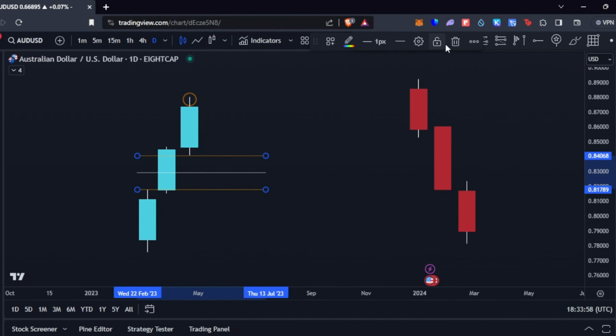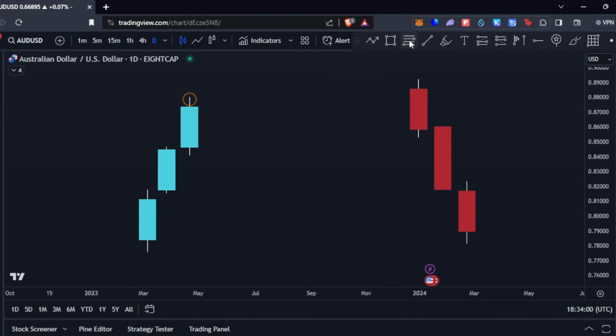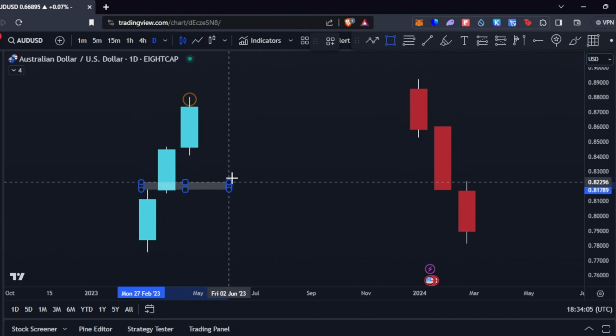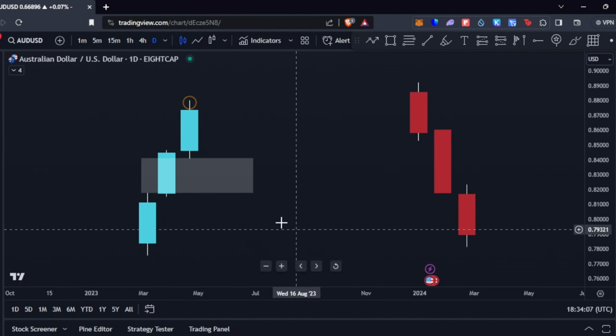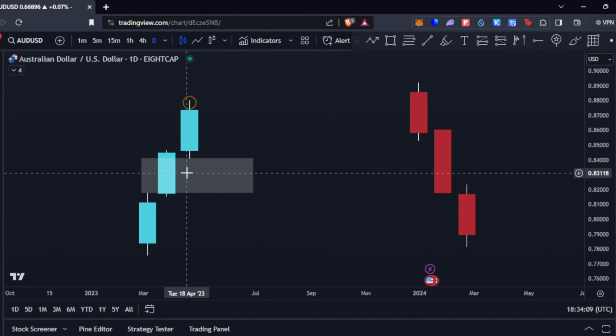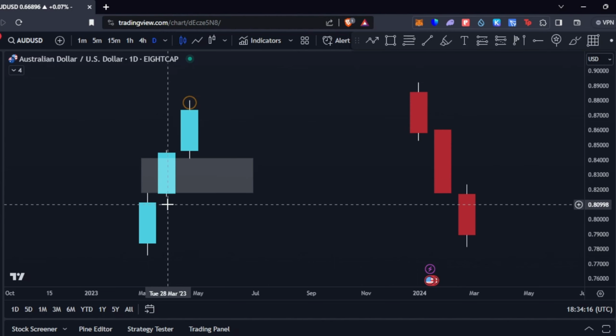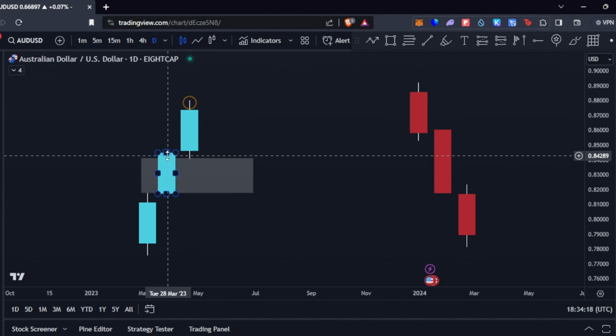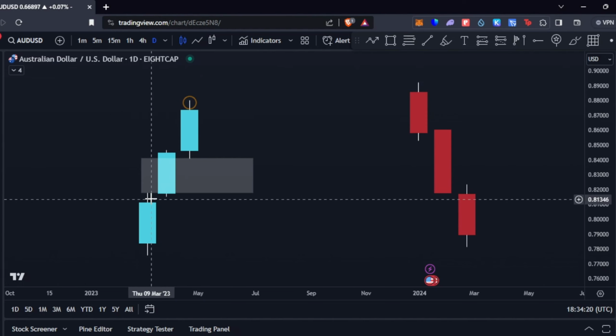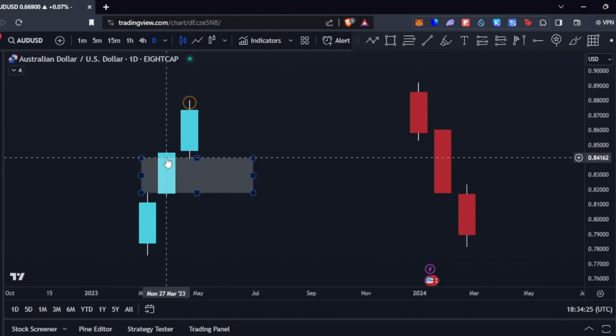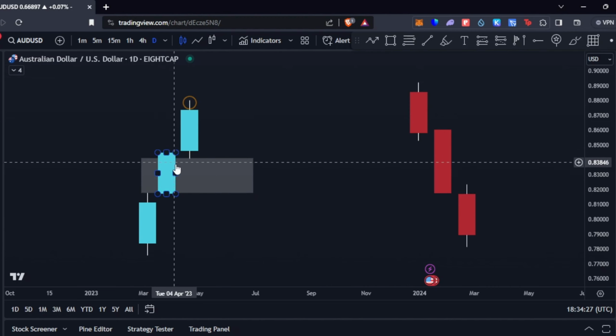So if I remove this, then the gap that we have left in between this wick and this wick, which I will mark out for you like this. Now this right here is the inefficiency. This is the fair value gap. And this is where a large institutional order was executed in the market, making it so that there was only buying pressure inside of this candle and no selling was offered.